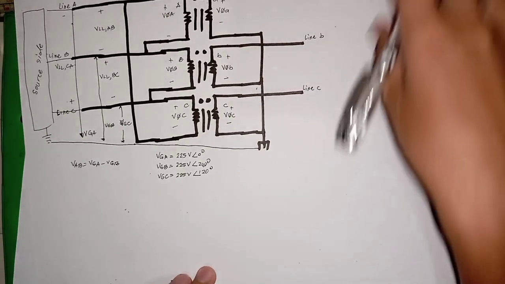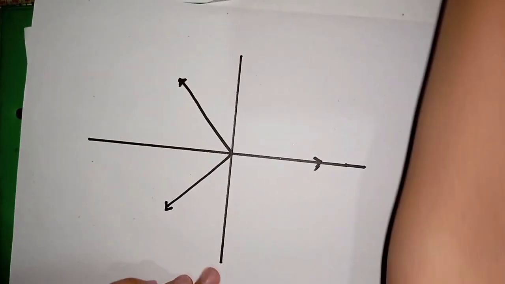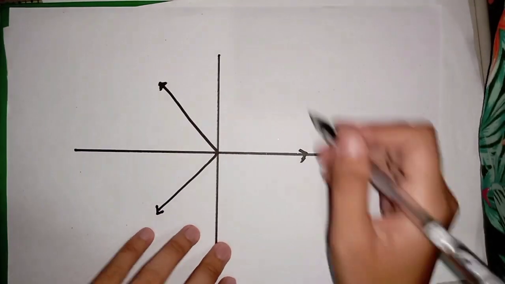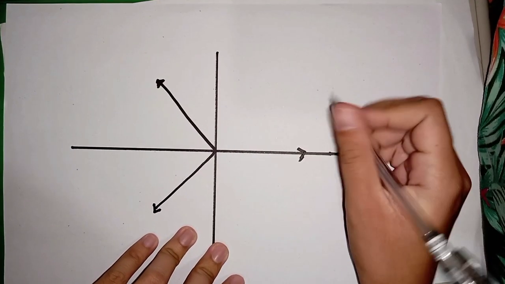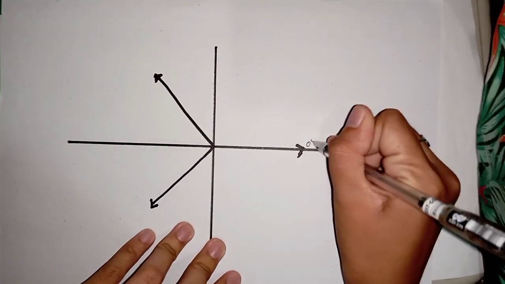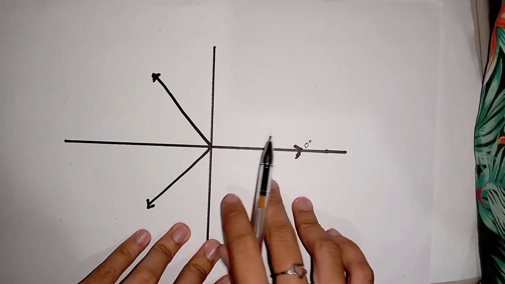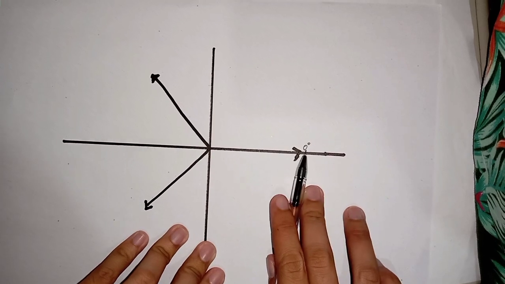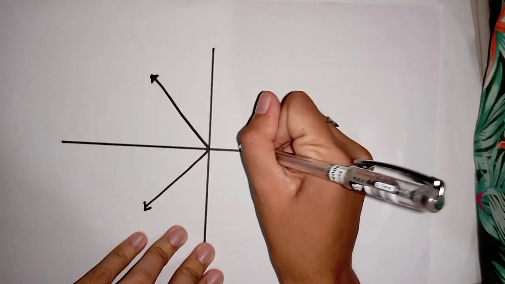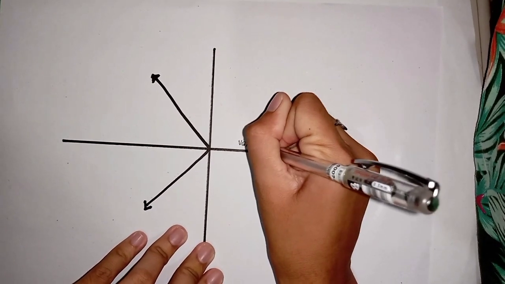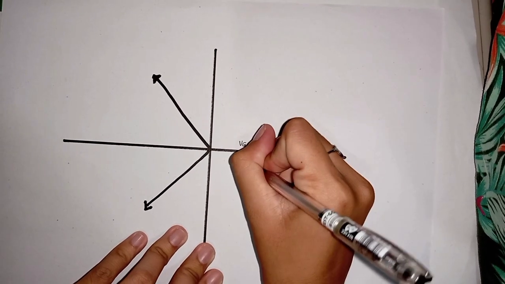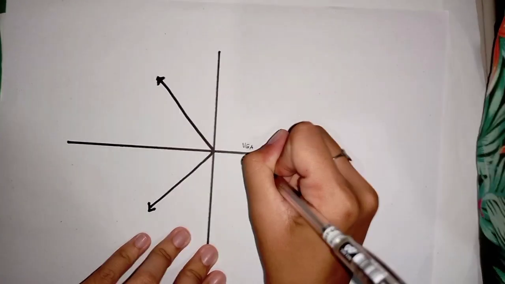So let's plot this on a graph. This is our 0 degree. So here we have the VGA, 225 volts.